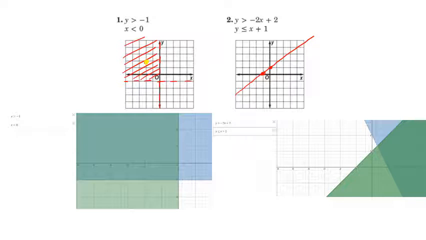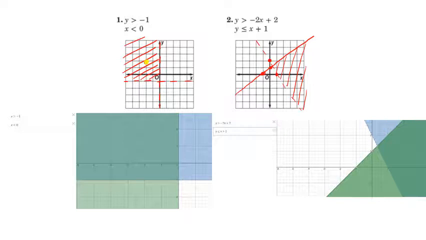But we also want to only include the points where y is bigger than negative 2x plus 2. So we graph that line, and we'll see that also goes through 1, 1. That's a dotted line. And the only area we're going to shade is this area here. Those are all the points that would work in both inequalities.